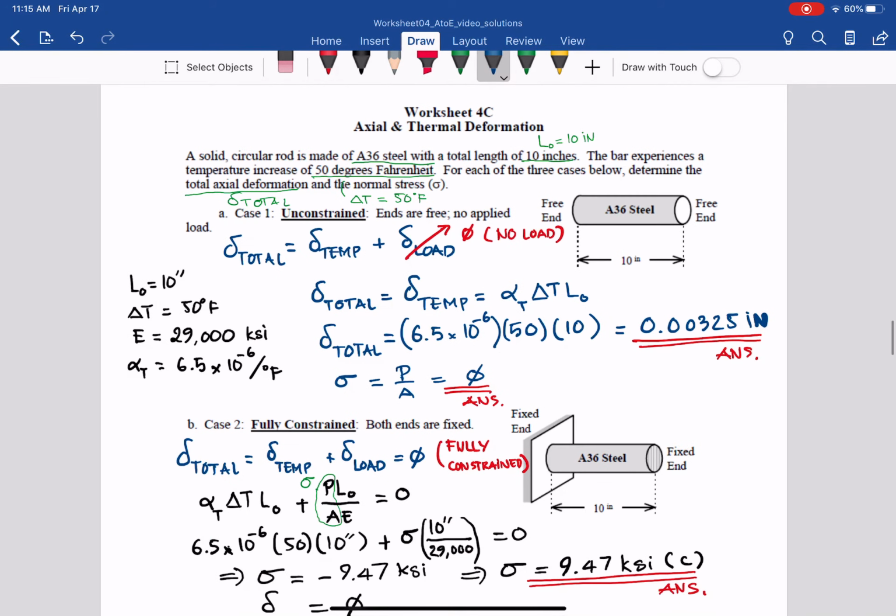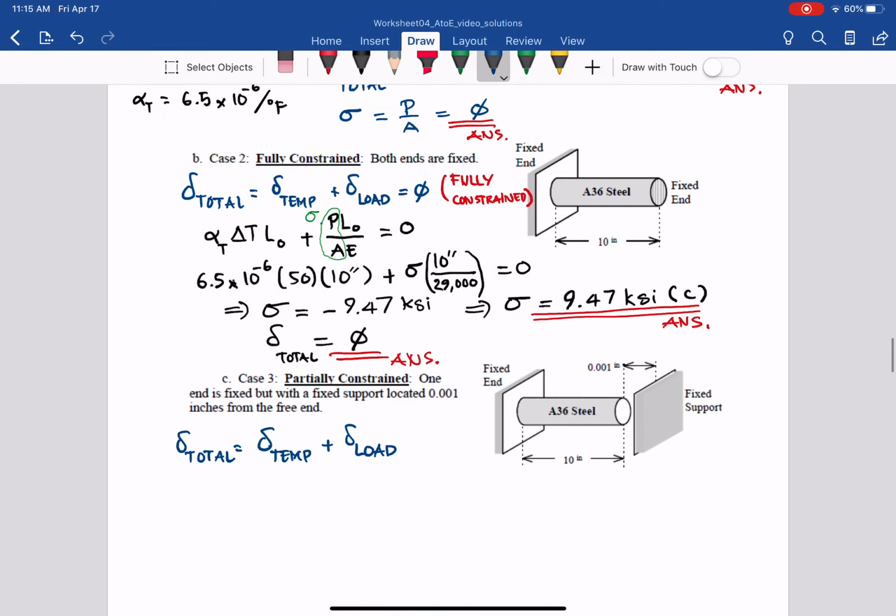So with that, as you can see, the steel with the temperature increase will expand and make the steel member hit the fixed support on the right side. And that's the maximum they can get because that is a fixed support. They cannot move further. What does that mean? The total deformation here, the maximum they can get, is 0.001 inches.